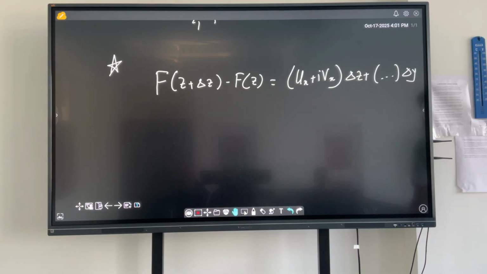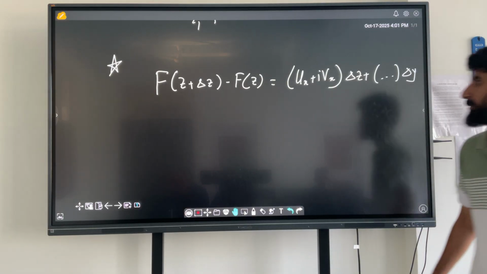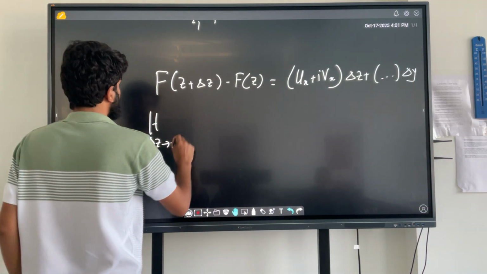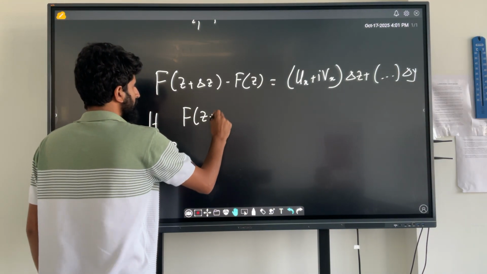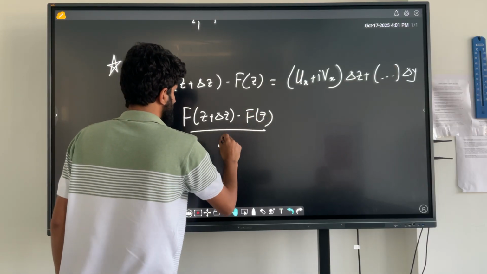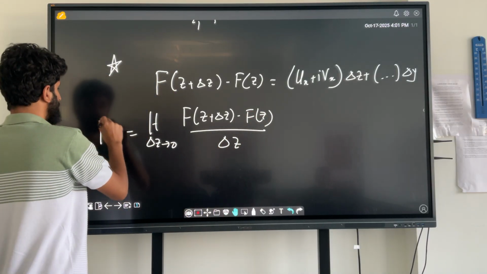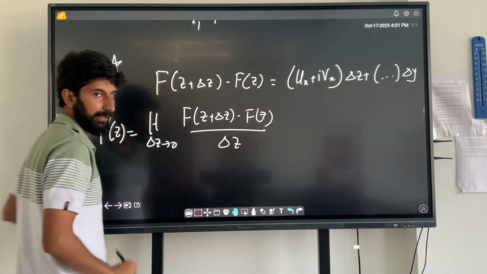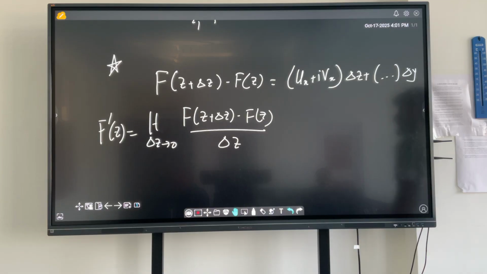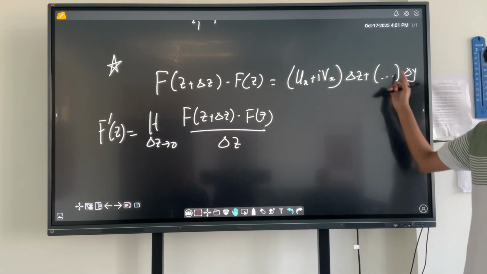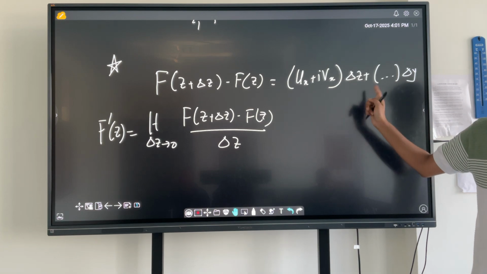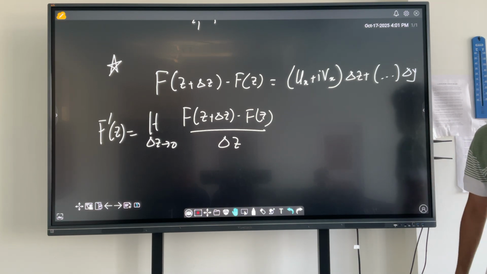So I will be able to define this: limit delta z approaches 0 of f of z plus dz minus f of z equals, let's call it, f prime of z. And setting this to 0 gave us the Cauchy-Riemann conditions.